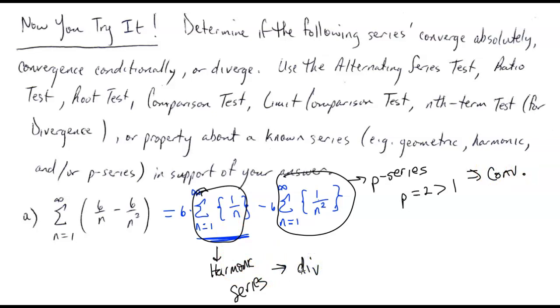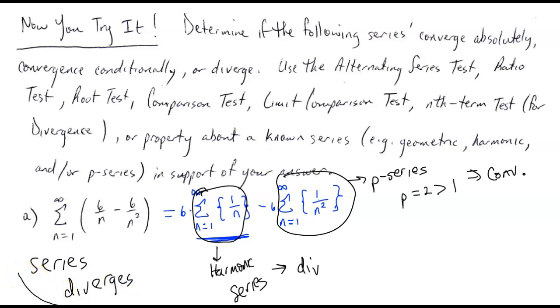Because we have the difference of a divergent series and a convergent series, and the divergent one is just going to keep going to positive infinity, this particular series is ultimately going to diverge. So we'll say that our series diverges.